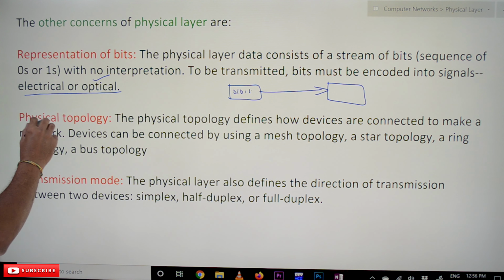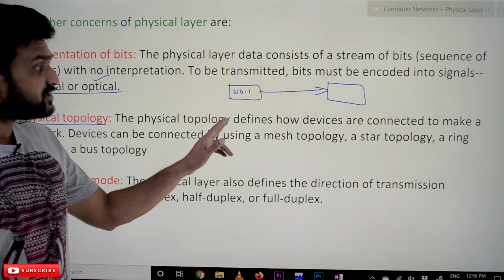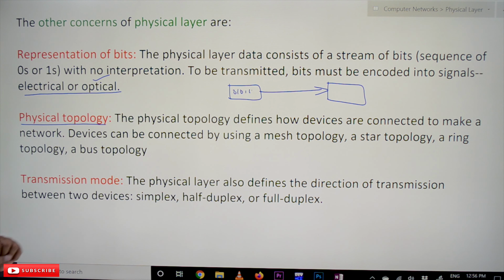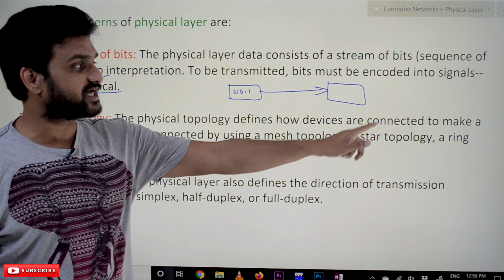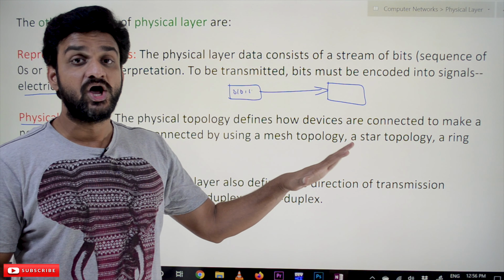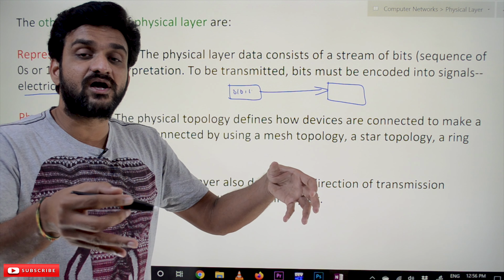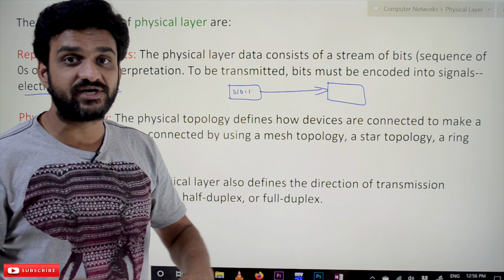Next concern of the physical layer is physical topology. So what is this physical topology? Physical topology defines how devices are connected to make a network. Devices can be connected by using mesh topology, star topology, ring topology, bus topology. There are different kinds of topologies available. Whenever some set of computers want to get connected, that is what we call a network.